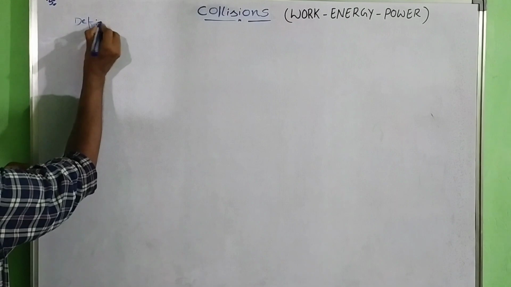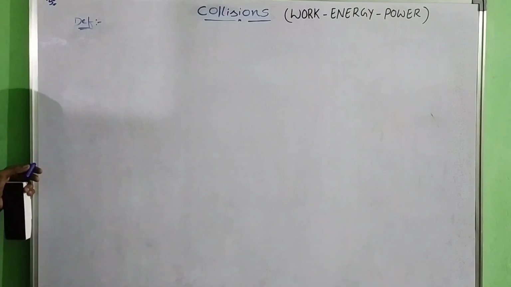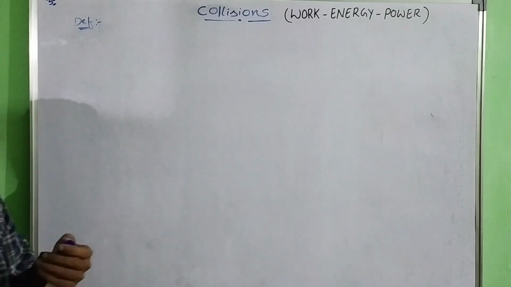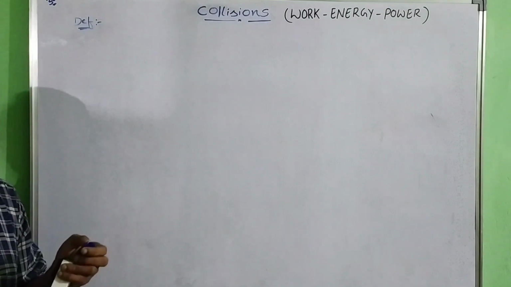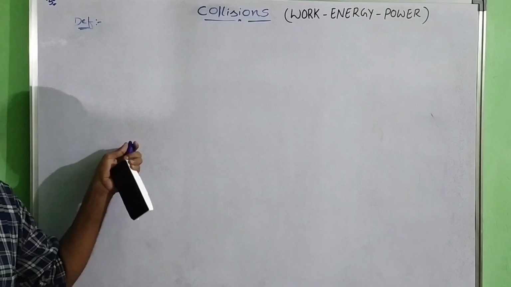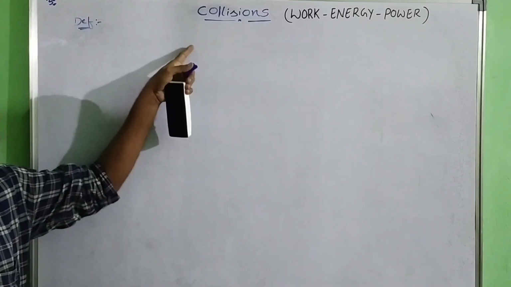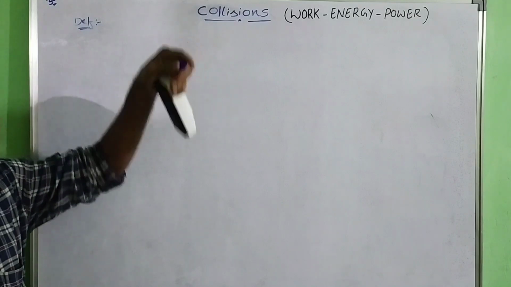Definition of collision: a strong interaction between two bodies in which they exchange velocities or momentum. The change in momentum is known as collision.